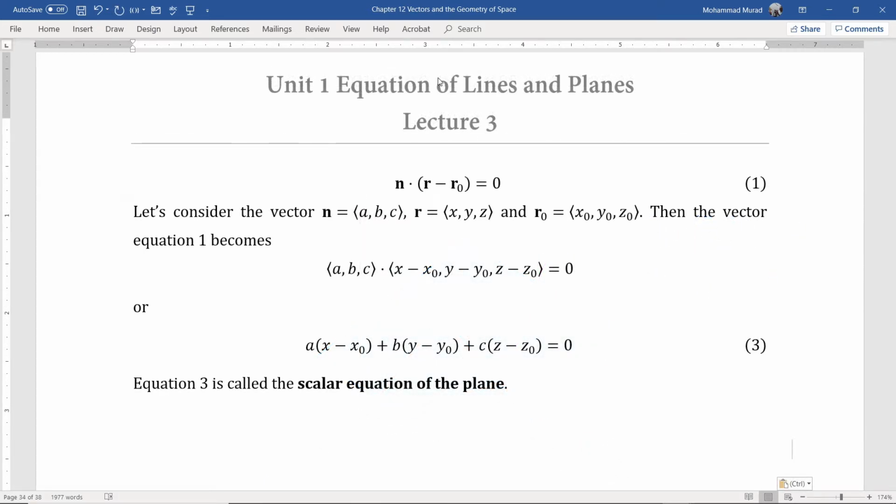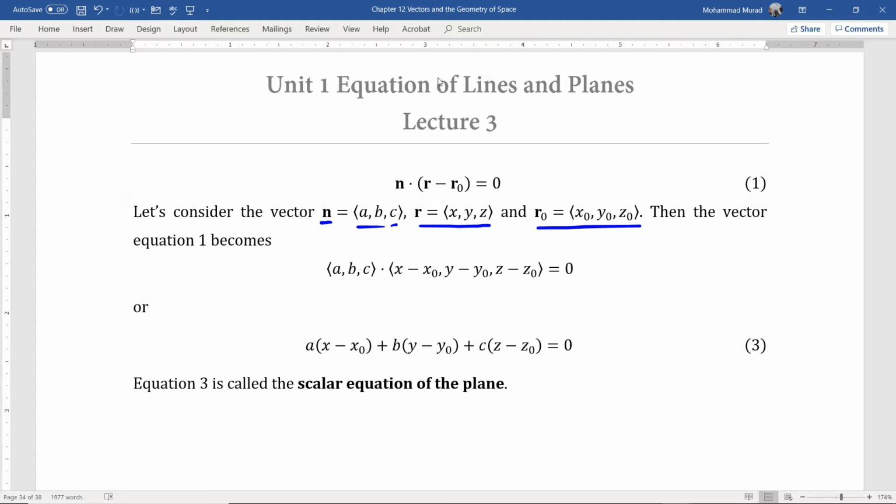Now let's consider the normal vector n has components a, b, and c, and r be the position vector of the arbitrary point x, y, z, and r sub 0 is the position vector of the point with coordinates x sub 0, y sub 0, and z sub 0.